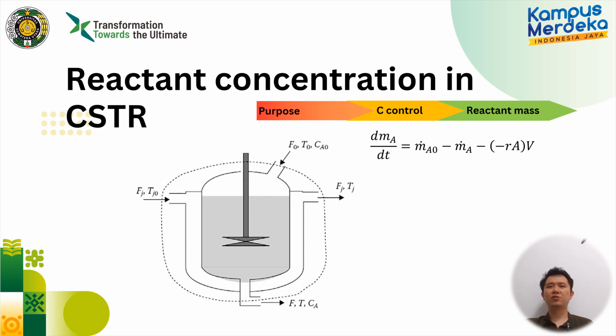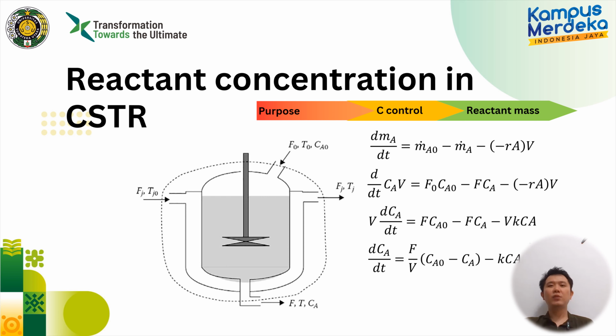We construct the conservative law for reactant mass. Substitute each term. And then we simplify the expression based on our assumptions. Here we assume the volume is constant and the reaction is isothermal and first order to A.